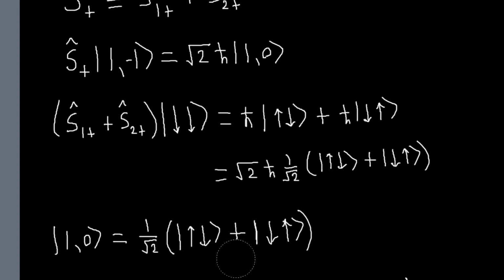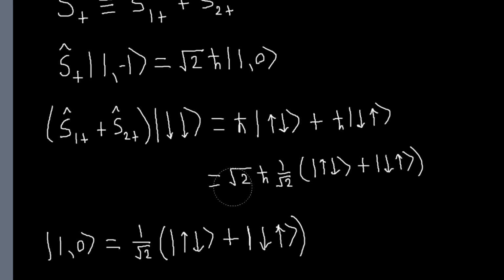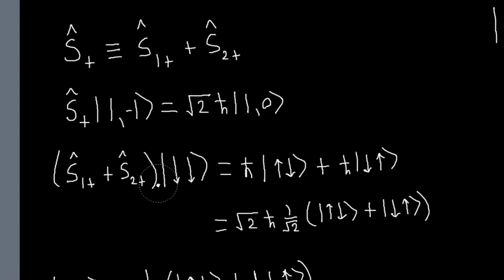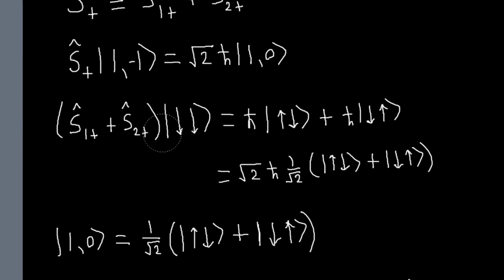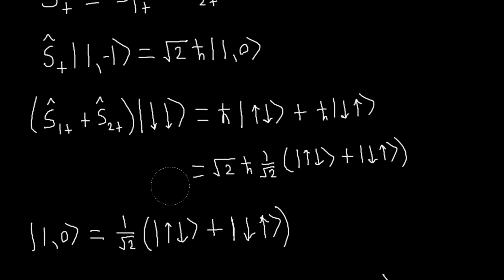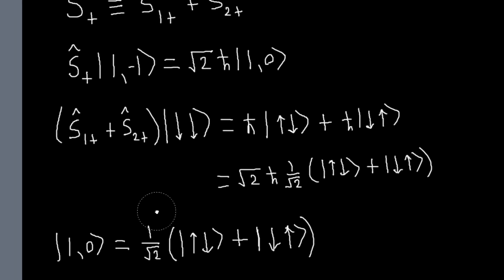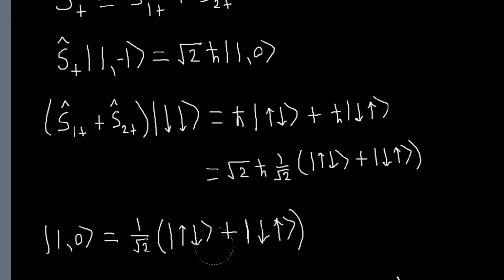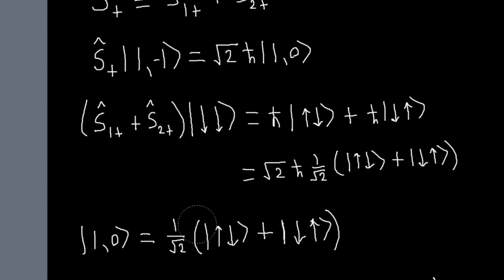It's not a coincidence that this is one of the eigenstates we found for the Hamiltonian we were working with before. What we're saying is that this linear combination of the first particle spin up and the second spin down, plus the first spin down and the second spin up, is the same as a state with total angular momentum 1 and 0 along the z direction.